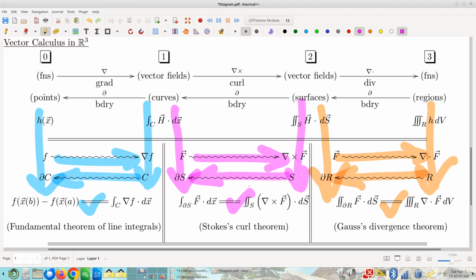This is just what stuff looks like when you're doing differential forms and chain complexes, cochain complexes, blah, blah, blah. If you just trust the diagram, you don't have 5 separate theorems to understand. You have one pattern to understand. And that's a big help.